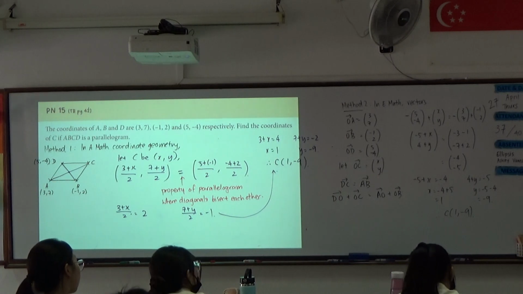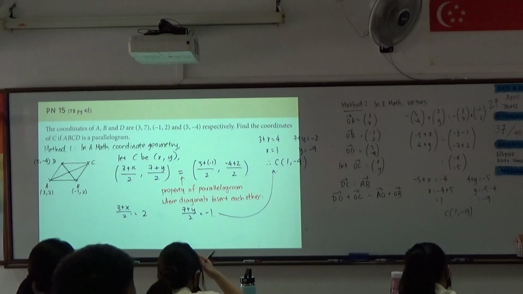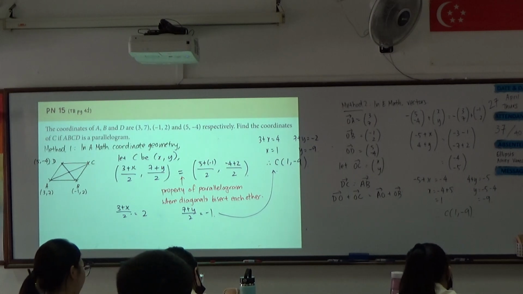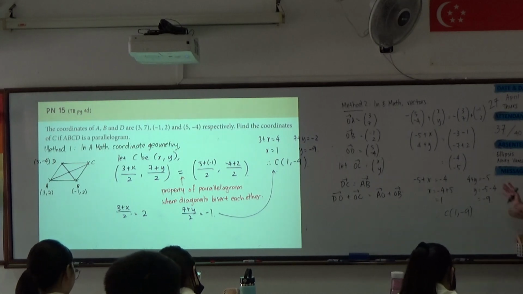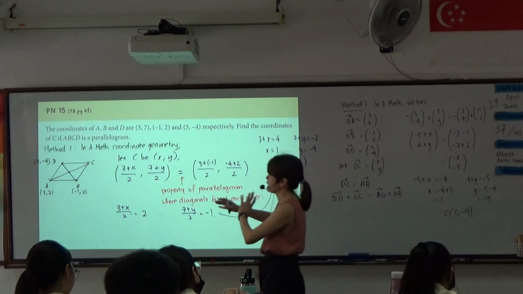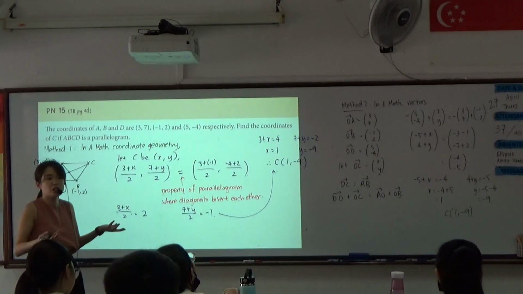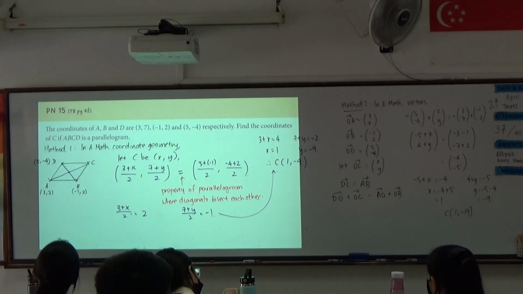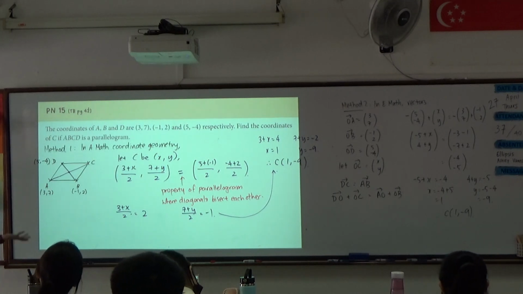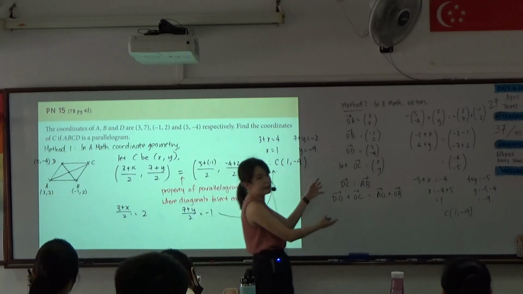Any questions? I mentioned that you can either switch your methods for E-Maths, A-Maths, but also pay attention to the instruction word. If the instruction word is to use vectors to solve, then you have no choice but to use this method.